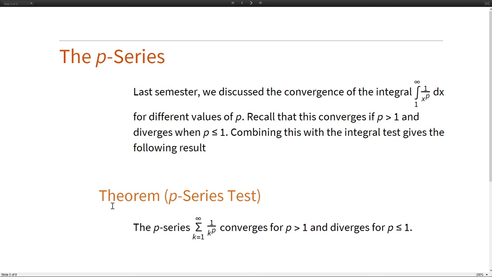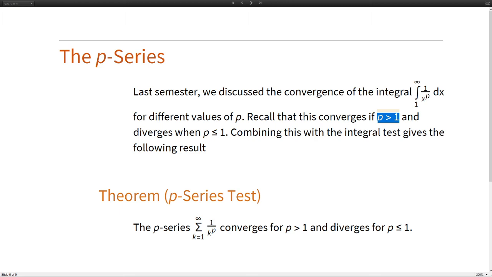Last semester, I talked about this kind of general integral here, the integral of 1 over x to the p dx from 1 to infinity. And we looked at different values of p and said, when does it converge? When does it diverge? This integral converges as long as p is greater than 1. This integral diverges when p is less than or equal to 1.